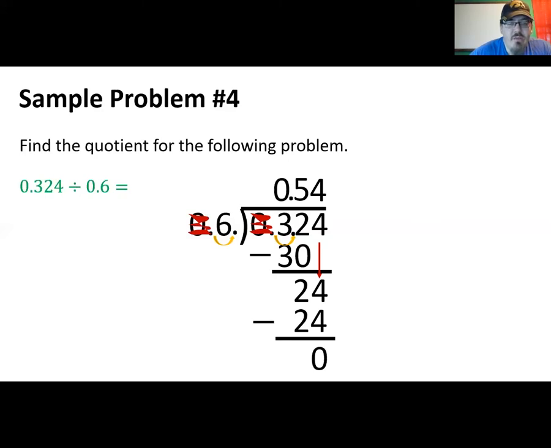Once we get to the last digit that we brought down, if again we have 0, that means we're done. We don't have to worry about bringing down anything else, or about any remainders. It goes in there nicely. And so our final answer is simply 54 hundredths, 0.54. And there you go. That's long division with decimals.